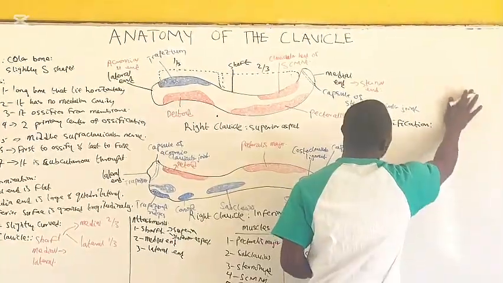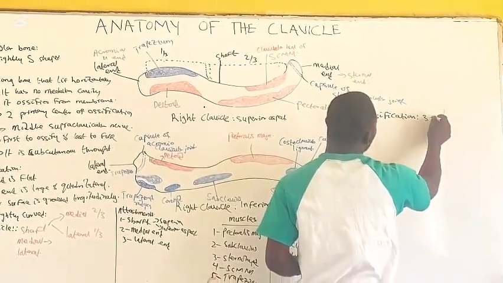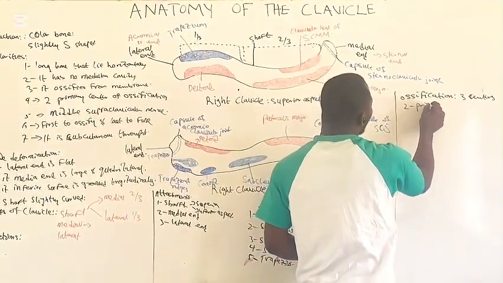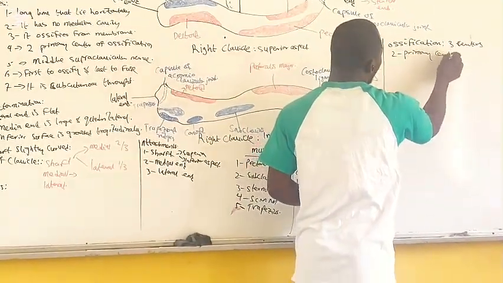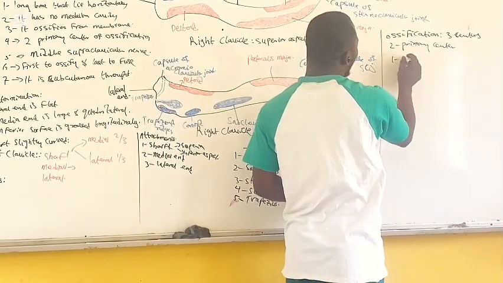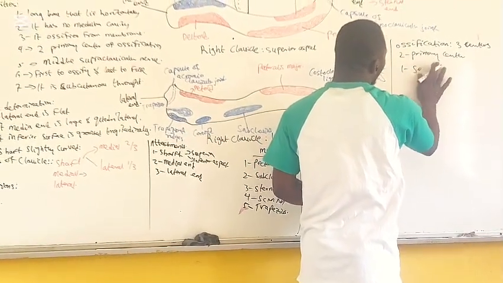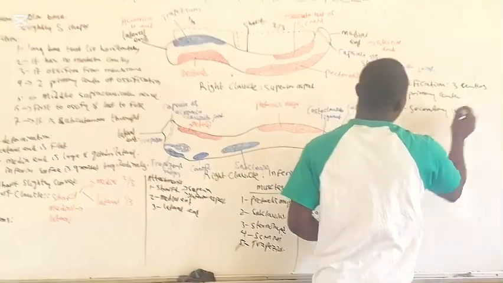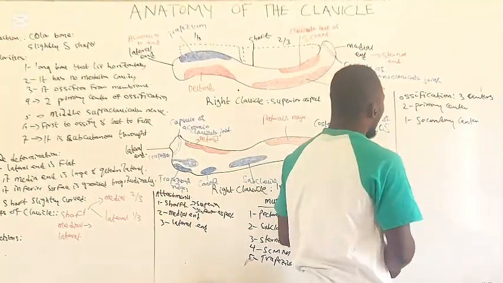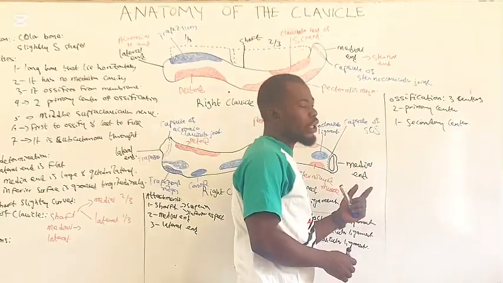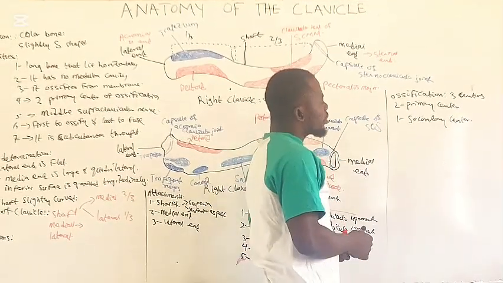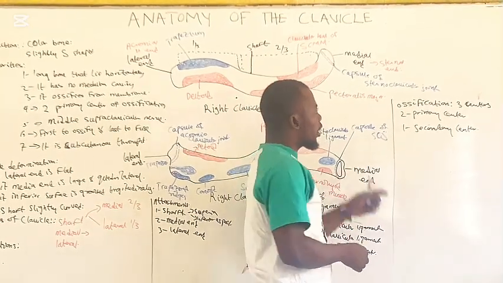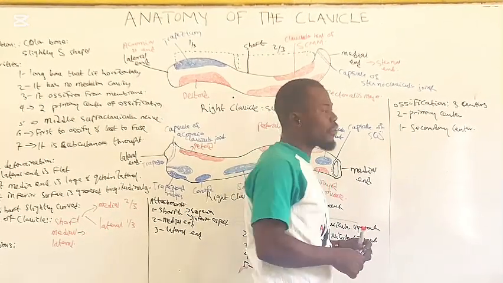It is ossified majorly by 3 centers: 2 primary centers and one secondary center. The 2 primary centers on the shaft of the clavicle appear at about the 5th and 6th weeks of intrauterine life and fuse at about 45 days.